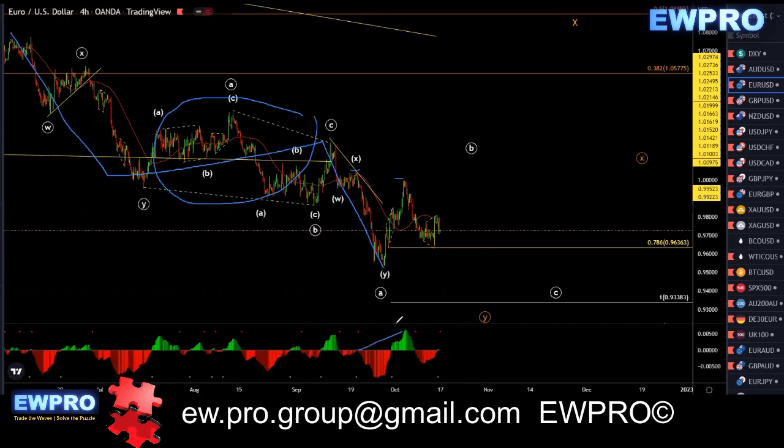We've got that bear hidden in here. So this can go down and break that low. This may become more complex, and we get 1, 2, 3 in here. And then we get an A, B, C up as a flat, running or expanding flat, and then we get an A, B, C to finish off this move.